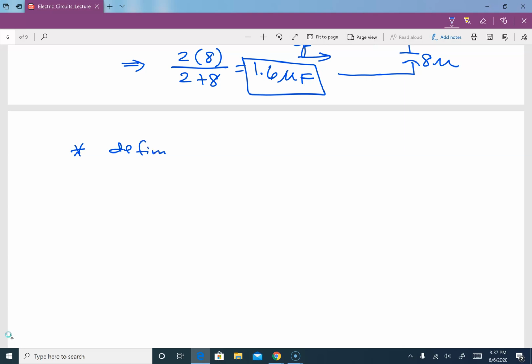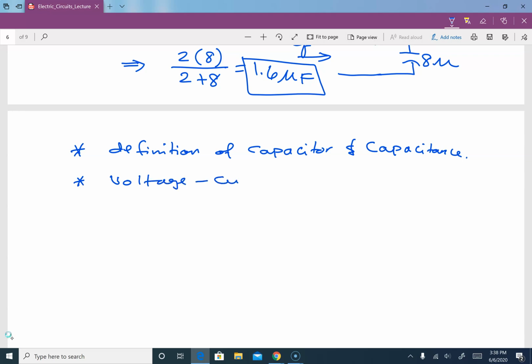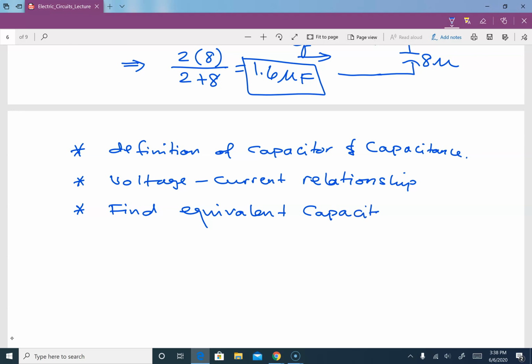So for this lecture, as long as you know the definition of capacitor and capacitance, you know the voltage current relationship, and you know how to find equivalent capacitance, you will be in great shape.